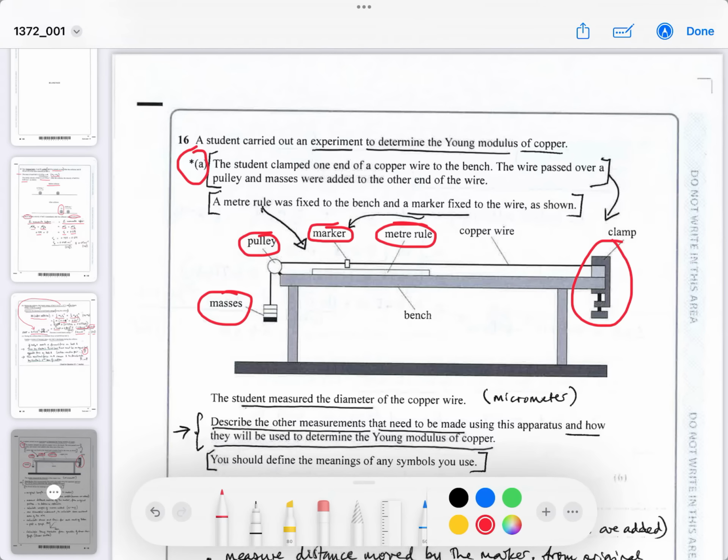As you put more masses on, it's going to pull the wire, and the marker on it will move along the meter rule, so it allows you to see how much the wire, starting from the marker position, has stretched. Obviously the force is stretching the whole length of wire, so you've got to analyze what's going on. So that's the basic setup.